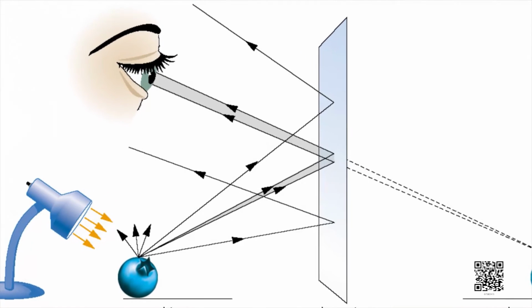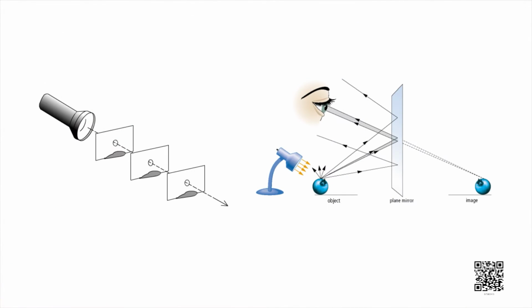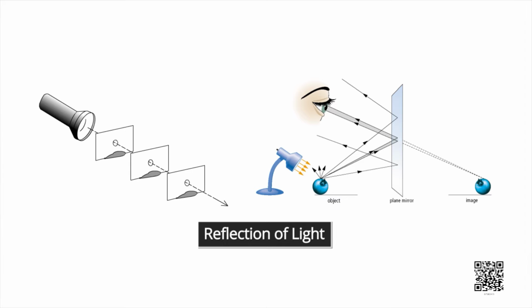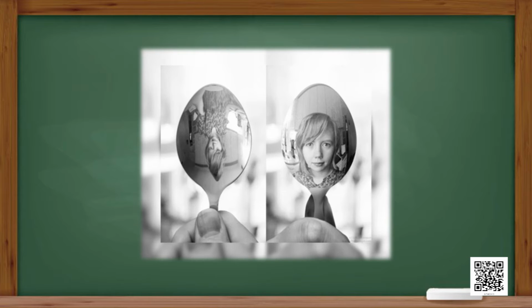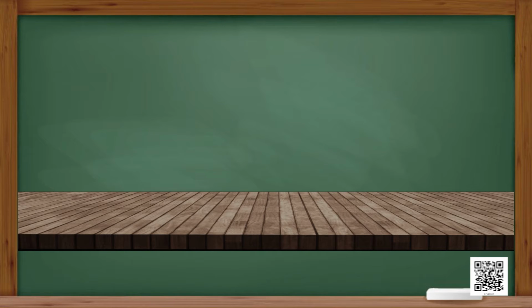This process of sending back the light which falls on the surface of a mirror is called reflection of light. For example, the stainless steel spoons in our homes reflect the light easily. Similarly, a water surface also acts as a mirror and reflects the light.